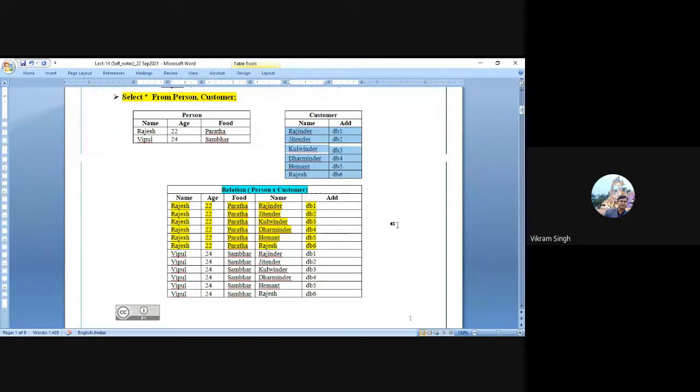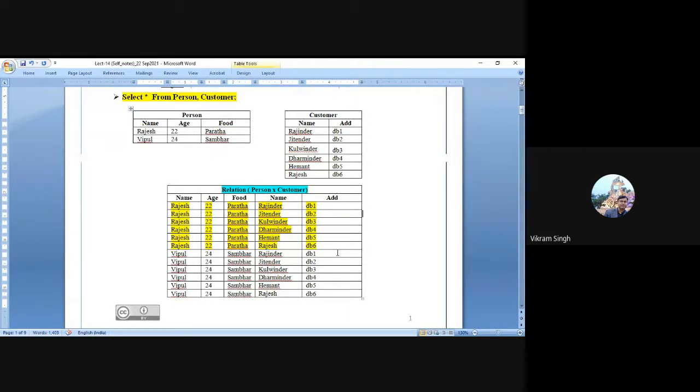And you can see that this resulting table, which is the outcome of the Cartesian product of person and customer and is available in temp one, will be of no use, because it does not have any specific pattern. It is simply a combination of each and every tuple from both participating database tables, right?